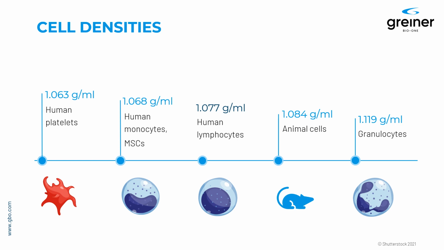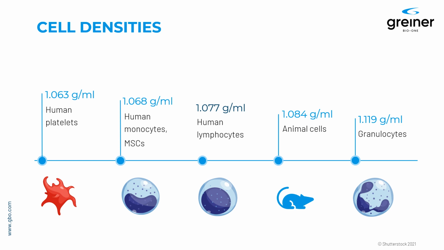For the isolation of lymphocytes and monocytes, 1.077 gram per ml is the density of choice. For lower density monocytes and mesenchymal stem cells from bone marrow, a lower density is suggested for the separation medium, such as 1.073 gram per ml or 1.068 gram per ml.